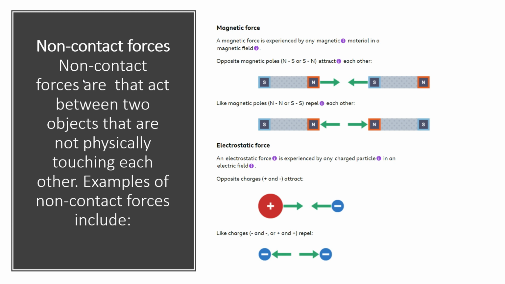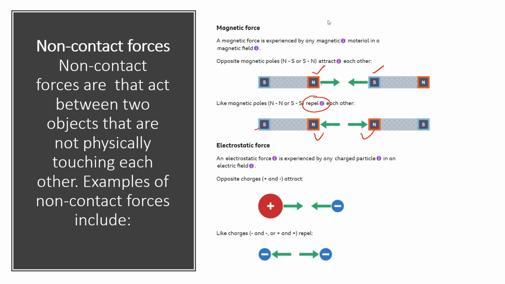Unlike poles attract each other. Unlike poles means north and south, they are different, so these will attract each other. Like poles repel each other. Like poles means north and north, south and south. If south comes near to south, then they will repel each other.